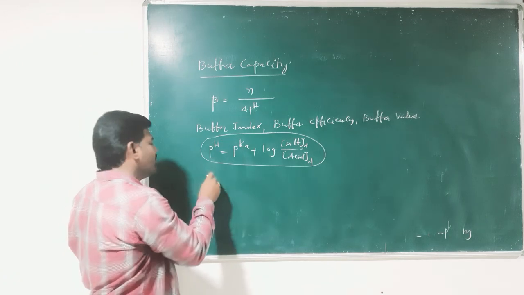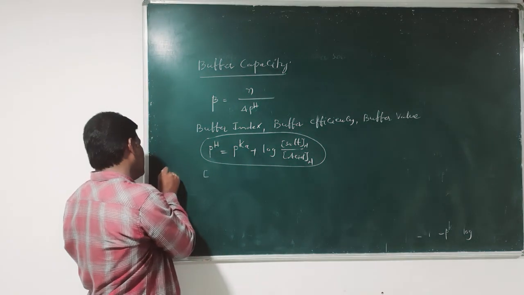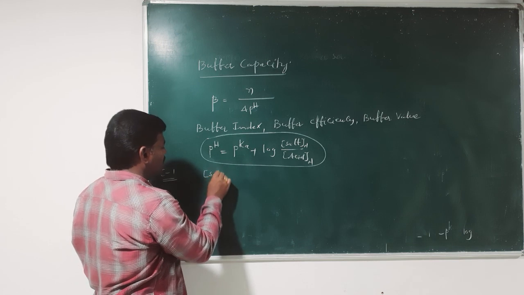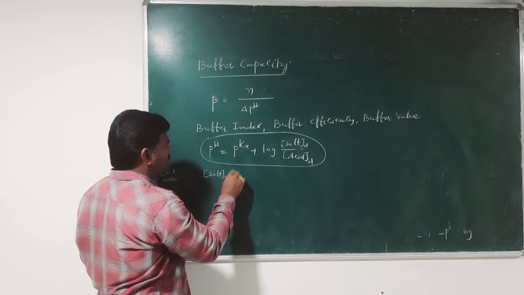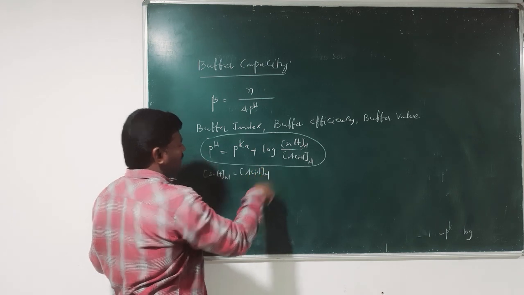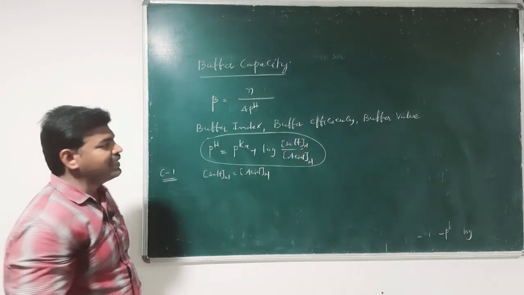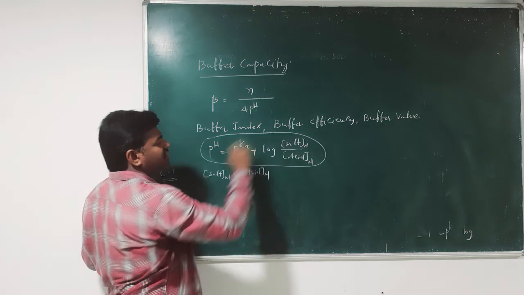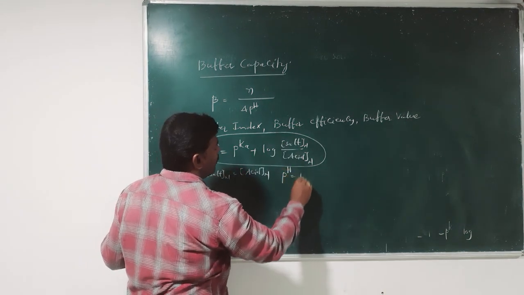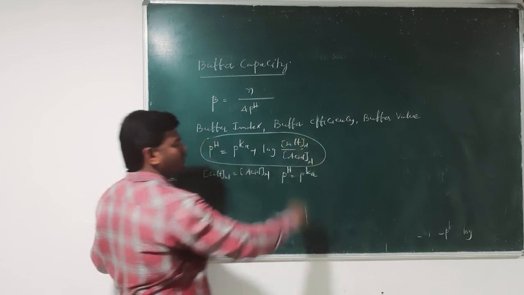In this equation, case 1: if concentration of salt is equal to concentration of acid, then the ratio is 1, log 1 is 0, and pH is equal to pKa.